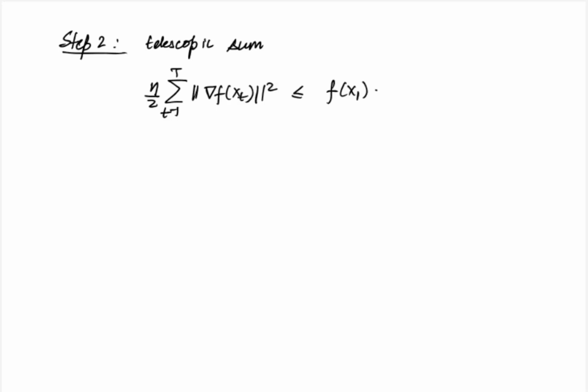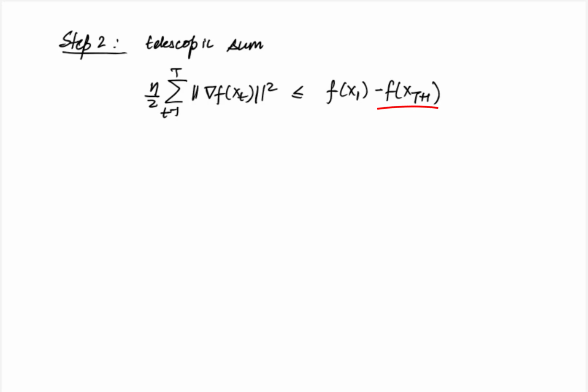The next step is simply the telescopic sum. All we need to do is sum up the inequality for t equal to 1 to capital T and cancel the intermediate terms so as to obtain eta by 2 times the sum over t from 1 to capital T of norm squared of gradient f of x_t, less than or equal to f of x1 minus f of x_{T+1}. Now unlike the gradient descent proof, we cannot drop the last term f of x_{T+1} as it is not necessarily negative.